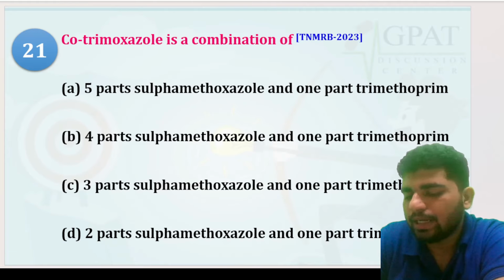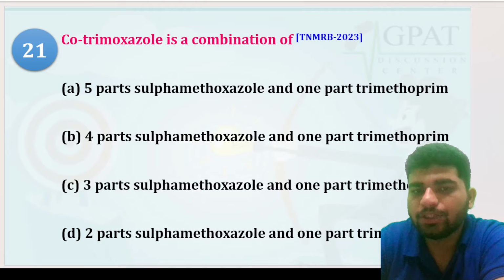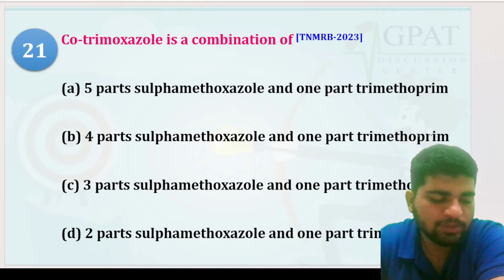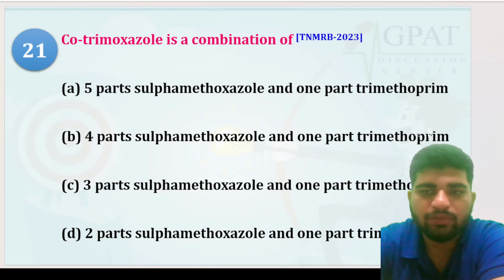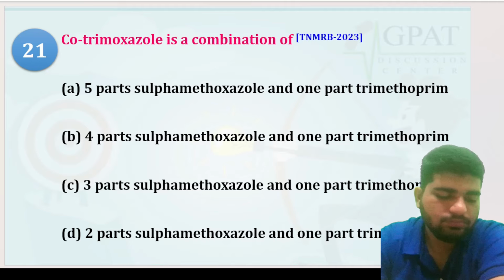Cotrimoxazole is an antibiotic of the sulfonamide class, and it is a combination of sulfamethoxazole and trimethoprim. But which parts of sulfamethoxazole and trimethoprim make up cotrimoxazole?